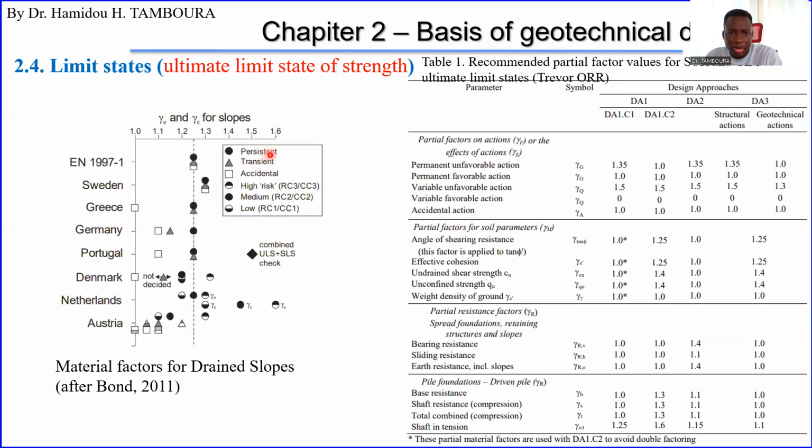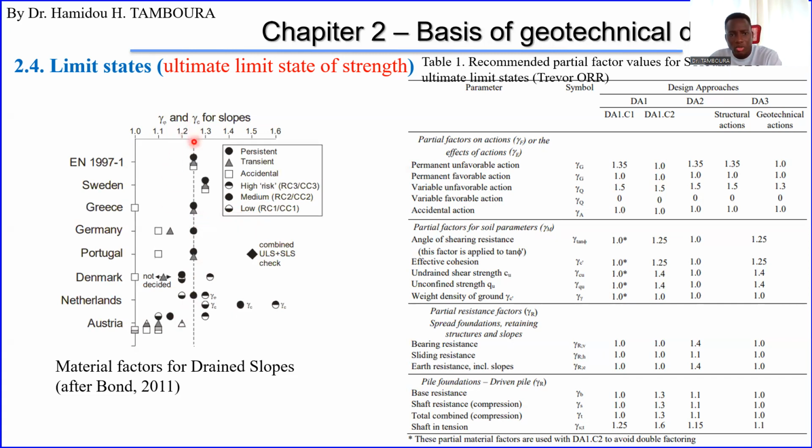In case of a persistent action, we have this dark circle. And in case of transient action, we have this full triangle. Accidental action, high risk, medium, and low risk.